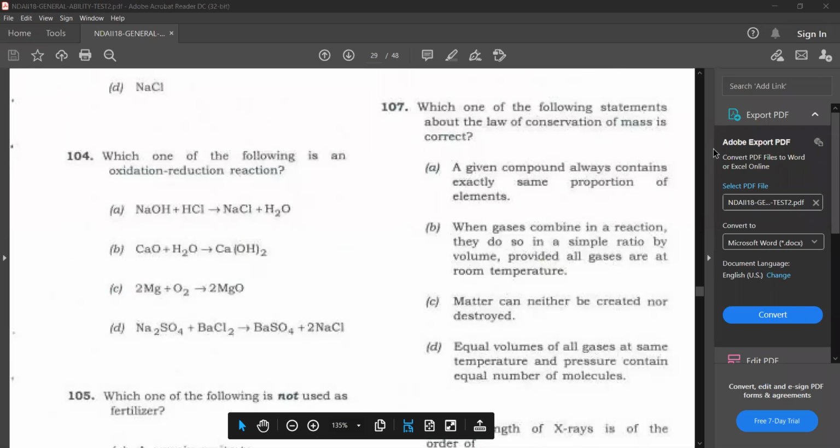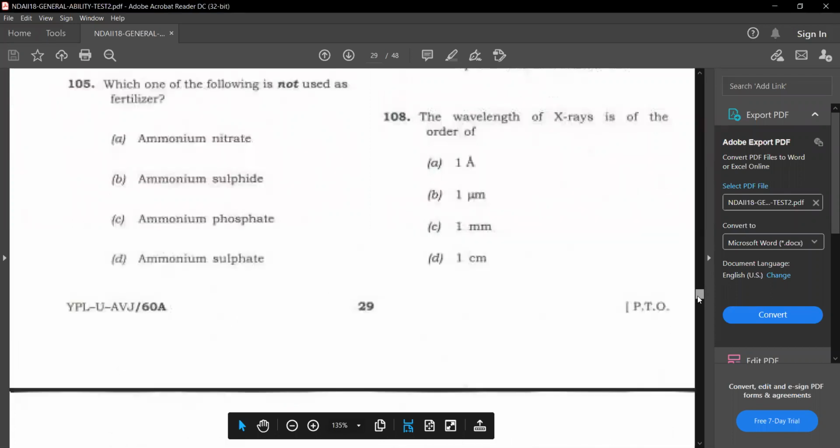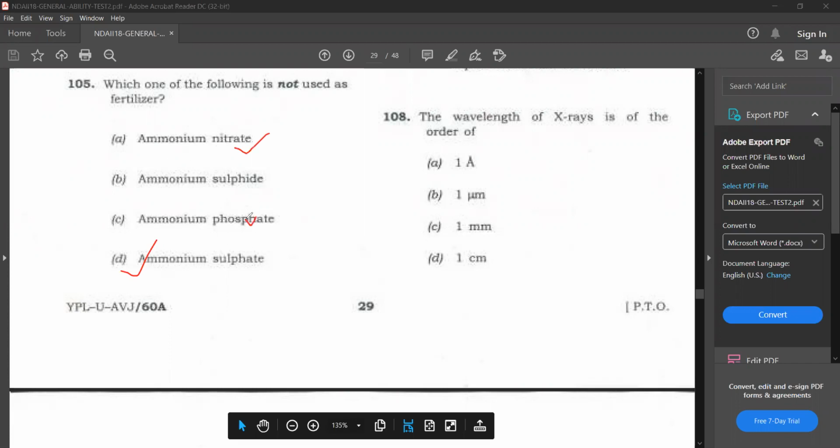Next question. Which one of the following is not used as a fertilizer? Answer is option D. Ammonium sulfate is not used as fertilizer. The rest of the compounds are used as fertilizers because nitrogen, phosphorus, etc. are required as fertilizer.